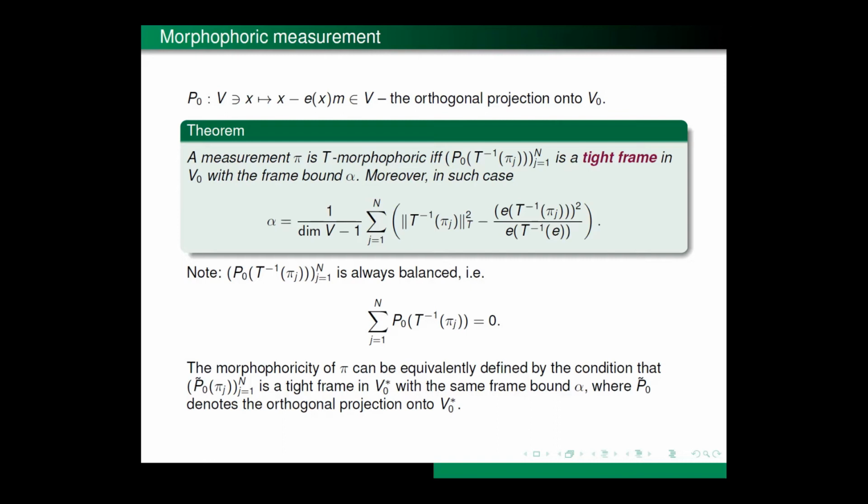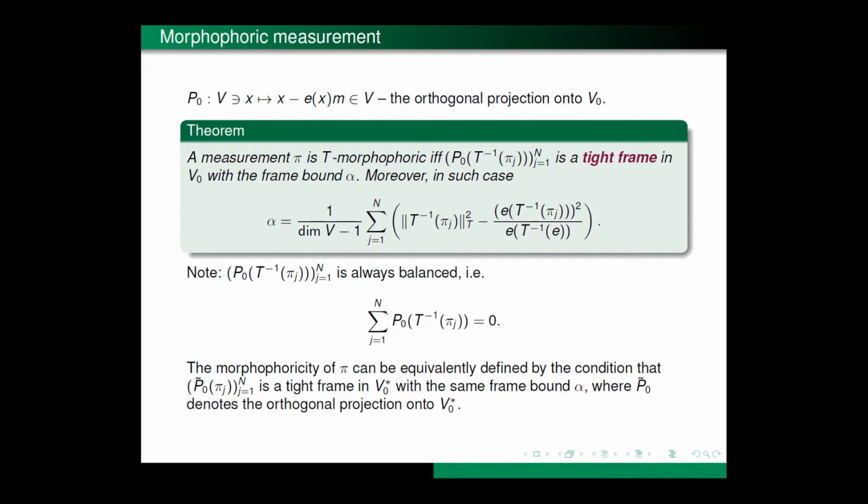Okay, and a simple observation is that this tight frame is always balanced, which means that these vectors sum up to 0. And since V is now a Hilbert space, because this map T induced an inner product on this space, we know that V and the dual space of V are isomorphic.